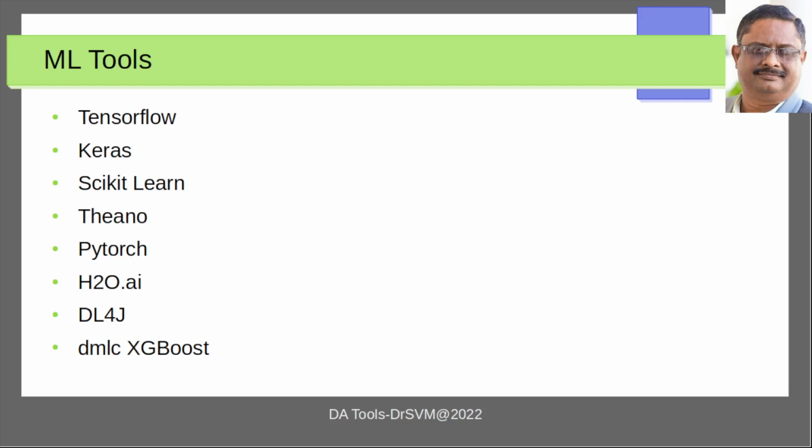Then we have DL4J, which is deep learning for Java, an extension of Java. Then we have XGBoost, another tool we have.